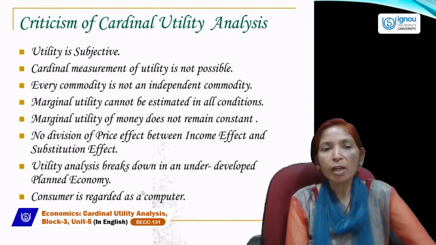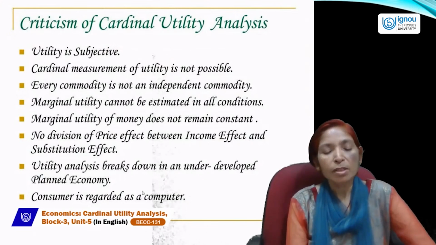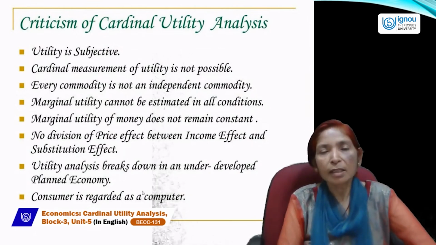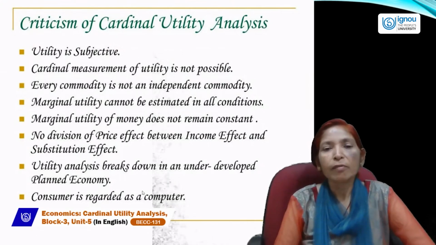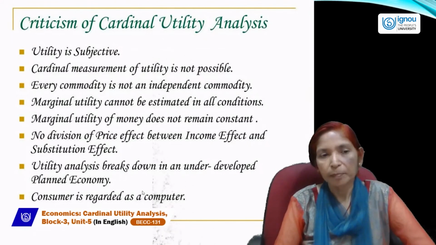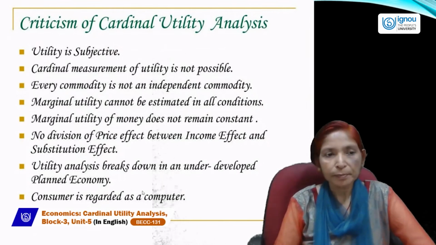Third, every commodity is not an independent commodity, because complementary goods are those goods which are always used together. We can't say that goods are always independent and that each and every commodity will give an independent level of satisfaction, because some goods are dependent on each other. So every commodity is not an independent commodity.